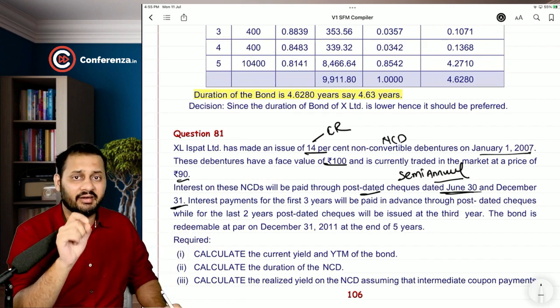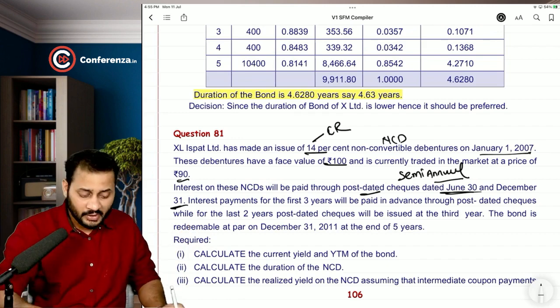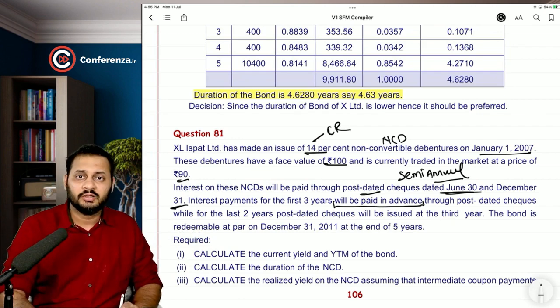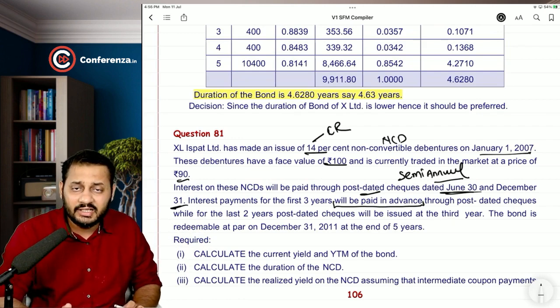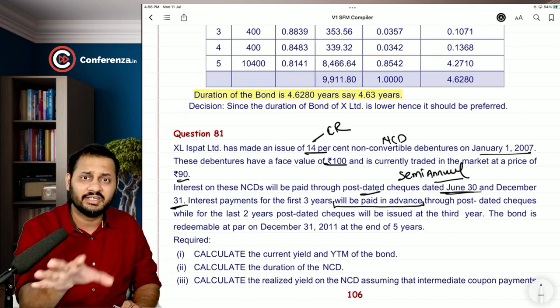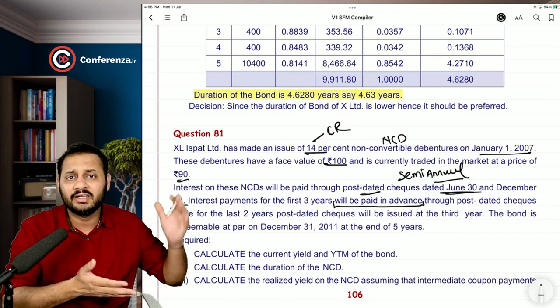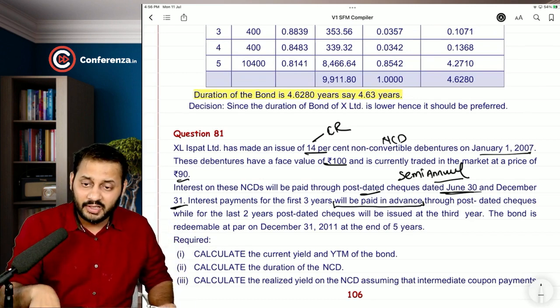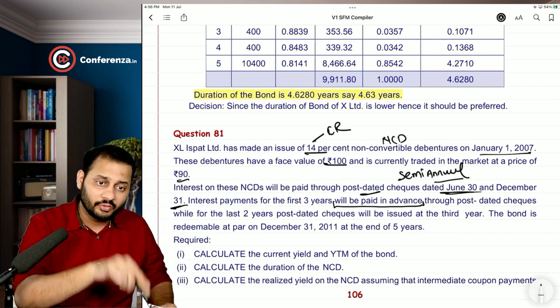Now this is written just to confuse you. It is clearly written that it will be paid in advance. But it is not a reality, because the advance checks given today for the next 3 years have no value until that date comes. So it's not an advance payment first of all. The payment will be made on the due date only.